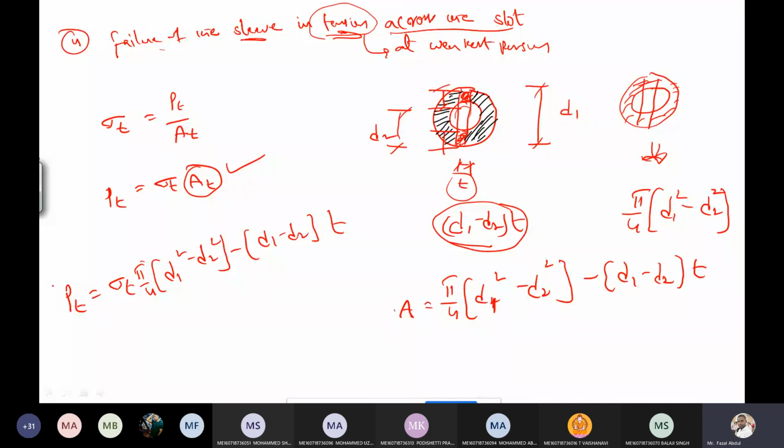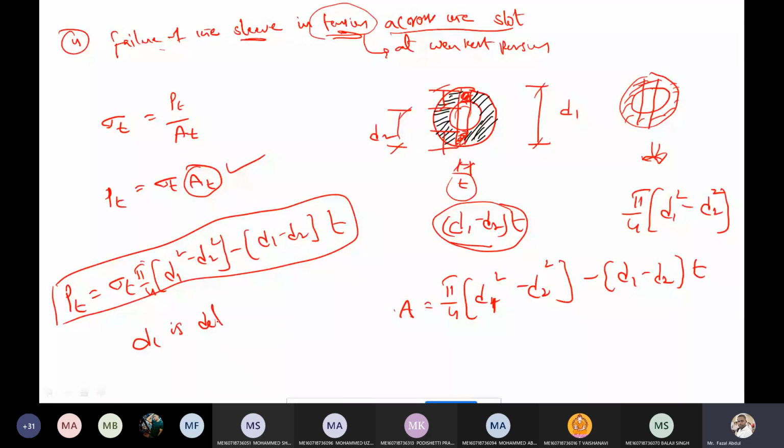With this equation, we are going to calculate d1, determined in mm. Now what is t here? Thickness of the quarter, otherwise thickness of the slot, its value is d2 by 4. Is it clear, Babu? Now this is the fourth one. Now the fifth one.